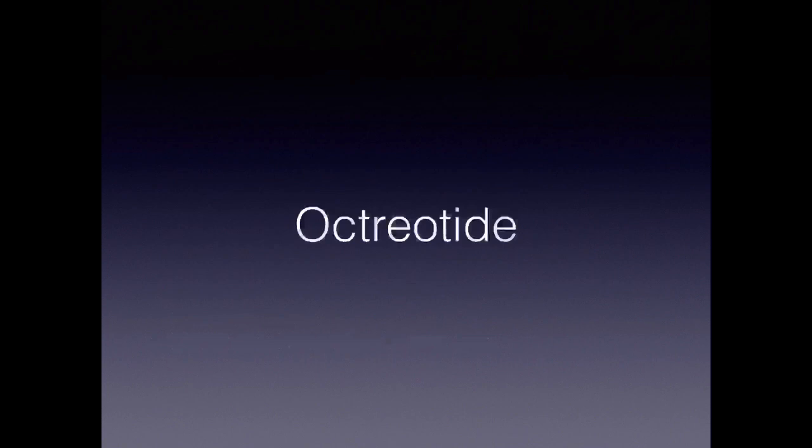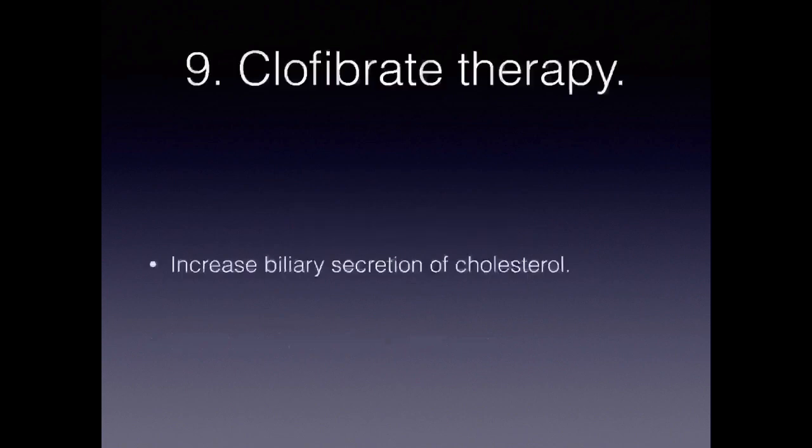Long-term use of this medicine can contribute to the formation of stones. Another factor is clofibrate therapy. This will increase the biliary secretion of cholesterol. It is a medication used for lowering lipids in our body.